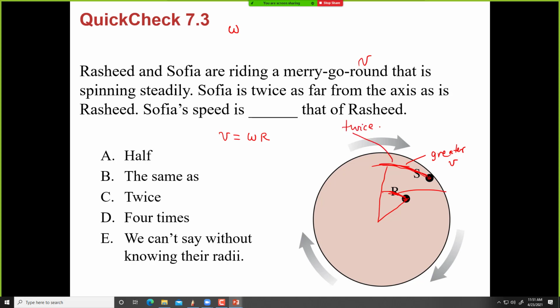Twice as much arc or distance covered in the same time. So that means V for point S would be twice as much as V for R.